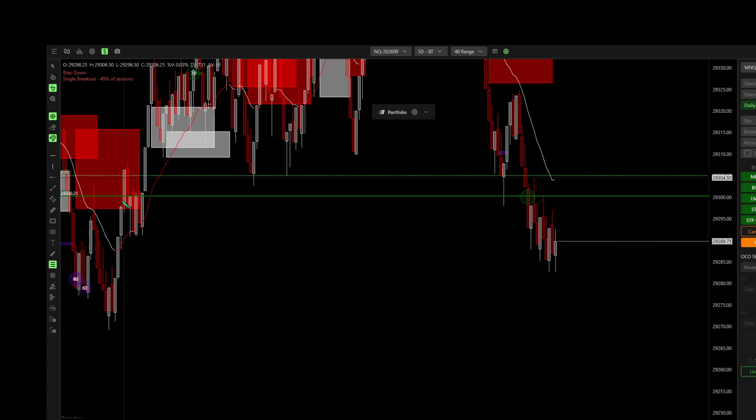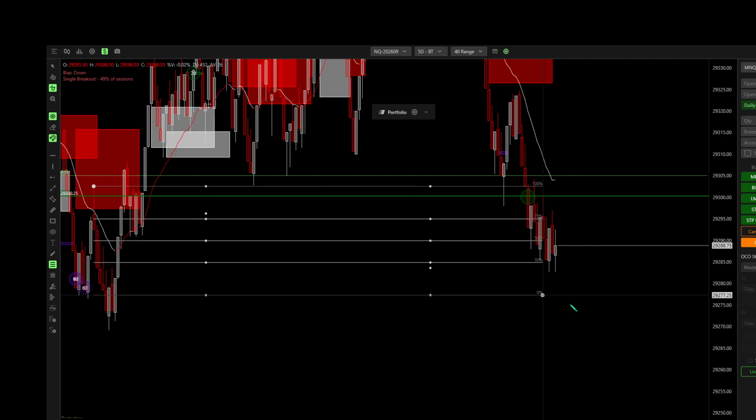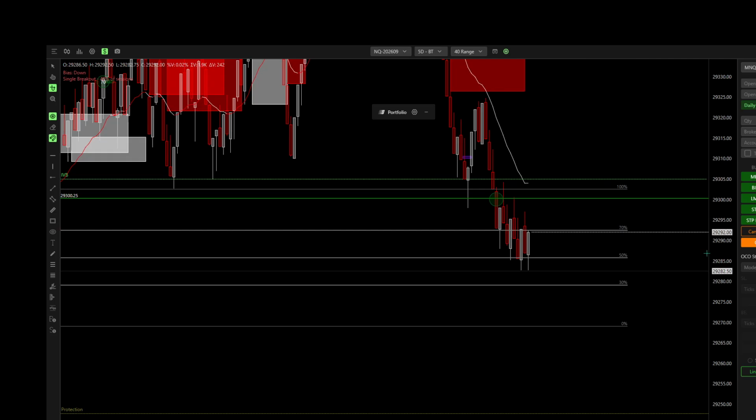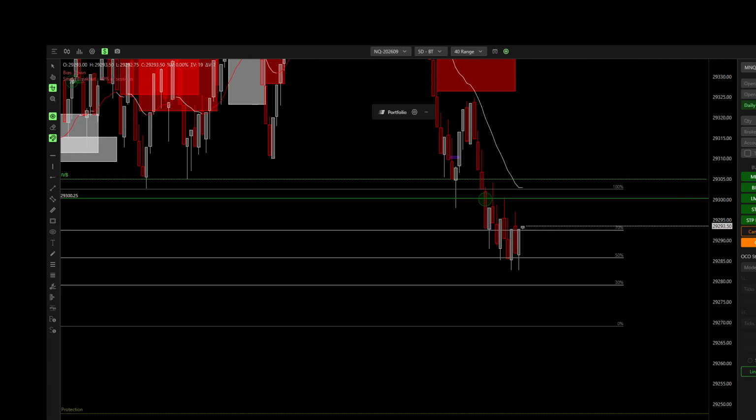So this range is not drawn correctly. That's the range. Going for it again here.